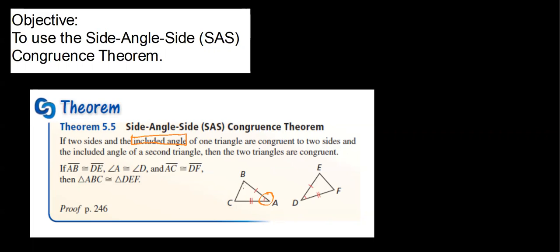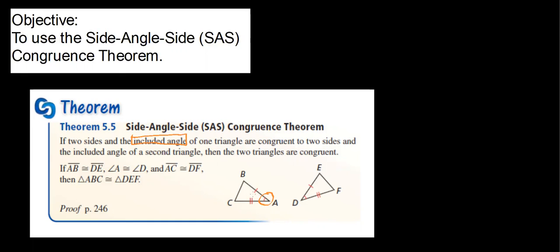And then we could say that angle B is the included angle with respect to side BC and side BA. And you could say that angle C is the included angle with respect to side BC and AC. So the included angle is just touching or formed by those two sides there.